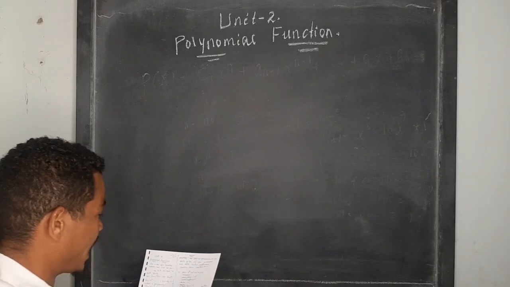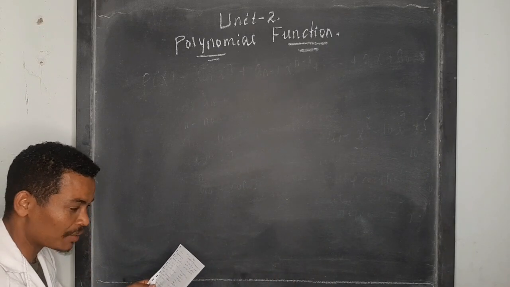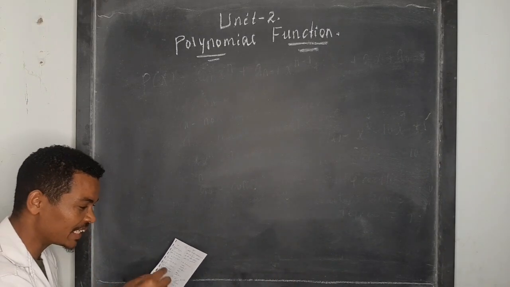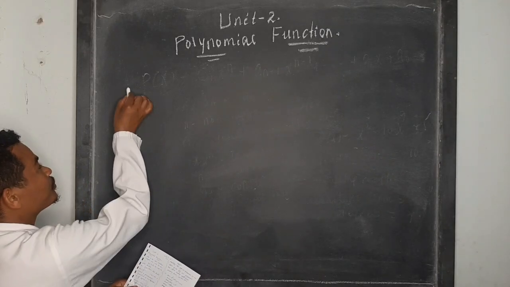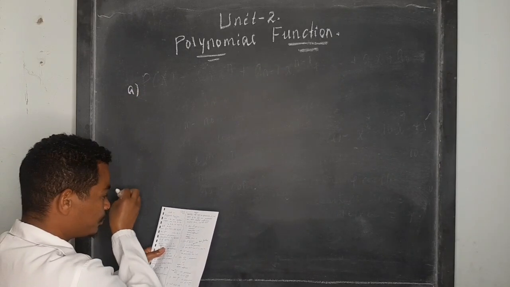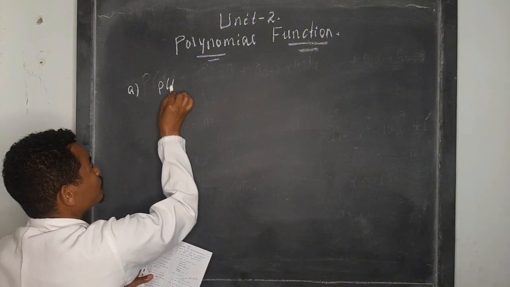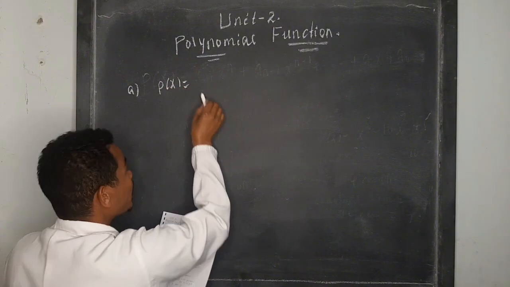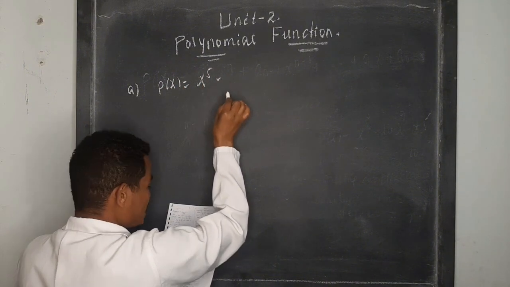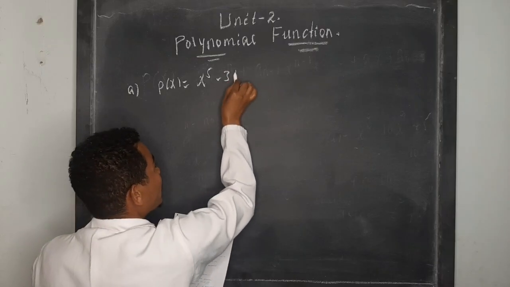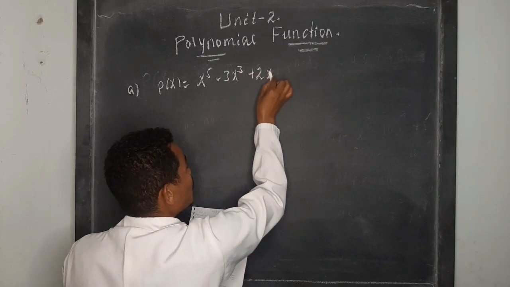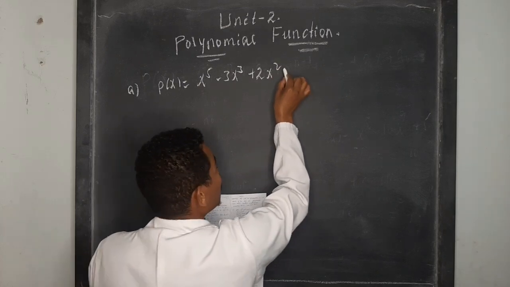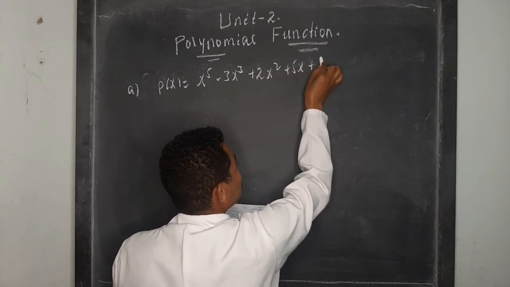The question is: which of the following are polynomials, and if so, find the degree, leading coefficient, leading term and constant term. For (a), p(x) = x^5 - 3x^3 + 2x^2 + 5x + 6.